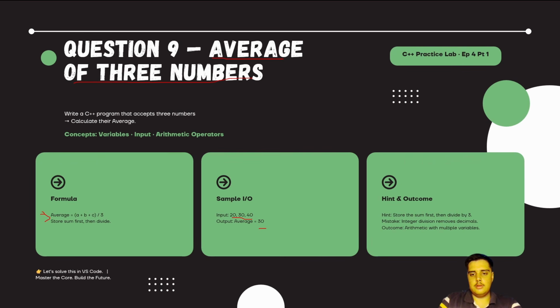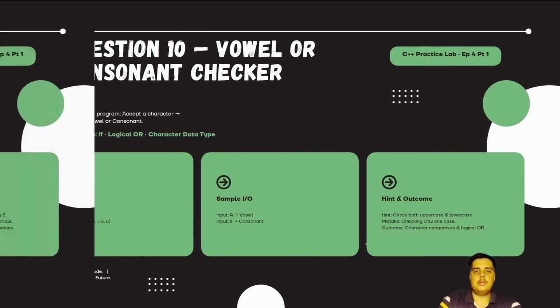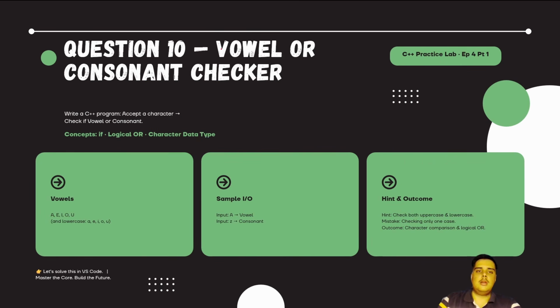and the final last question for today's episode is to check whether the given character is a vowel or consonant. So we have to accept a character and check if it is a vowel or a consonant. Given vowels are A, E, I, O, U, and lowercase also a, e, i, o, u.